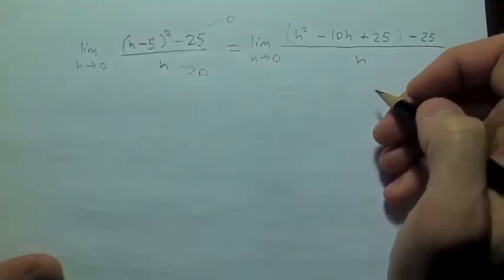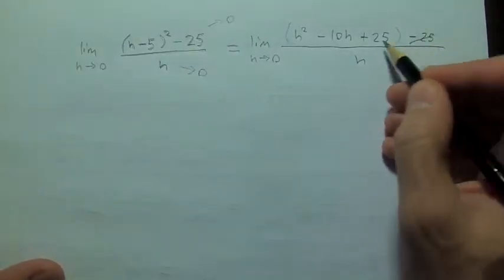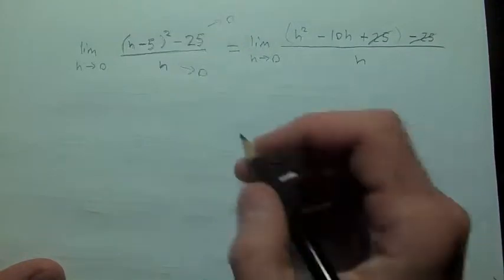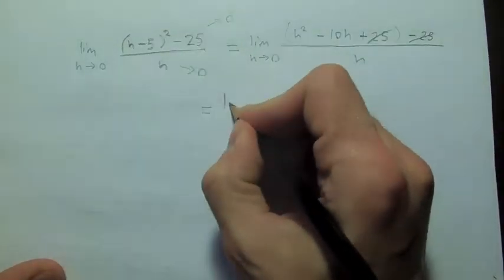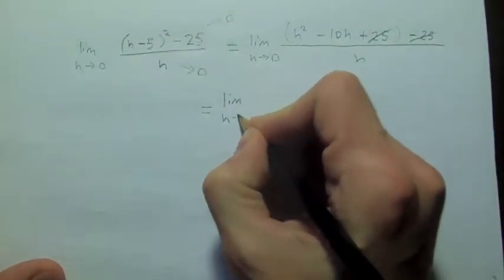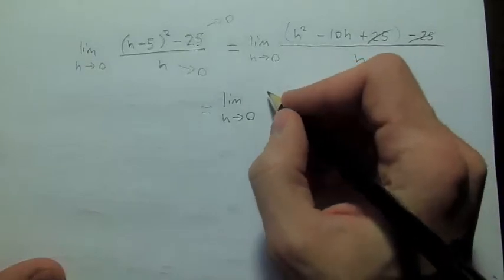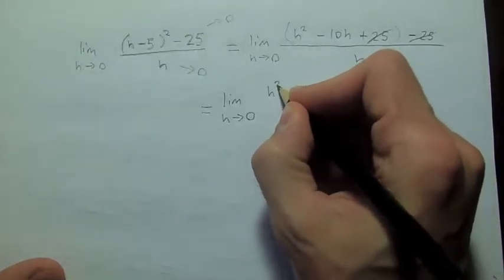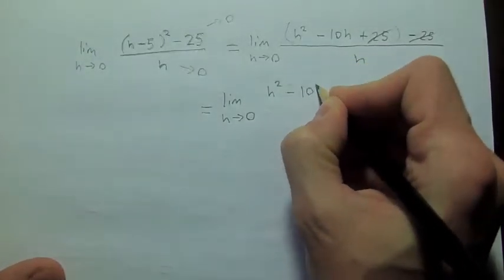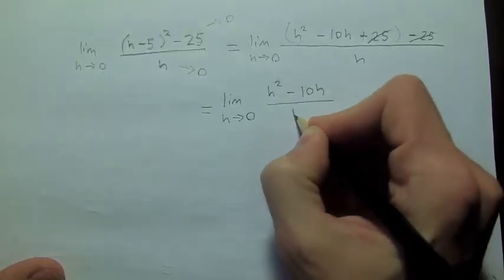We get a lot of things canceling here, specifically the 25s cancel. So down here, let's continue this. The limit as h goes to 0. Notice I'm still writing the limit sign, right? And we're left with h squared minus 10h all over h.